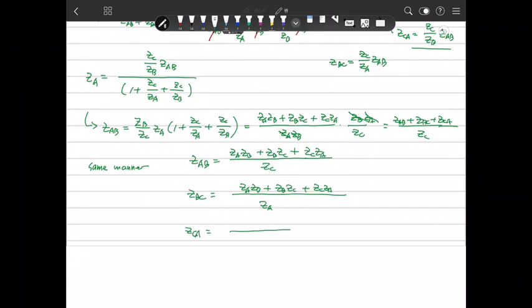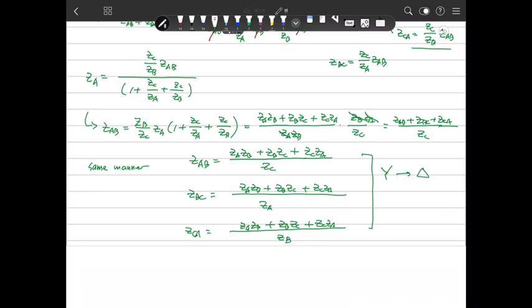Then GCA is the same thing: GAGB plus GBGC plus GCGA over GB. This is the transform, I mean, expressed as Y to delta.